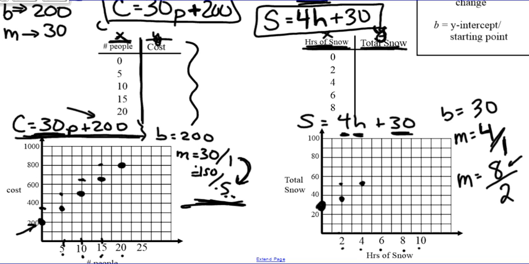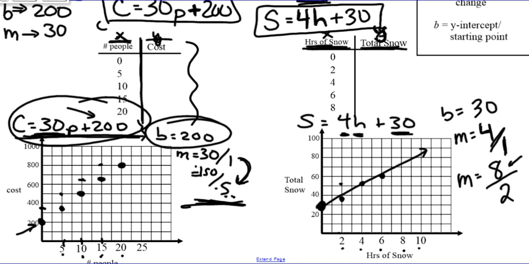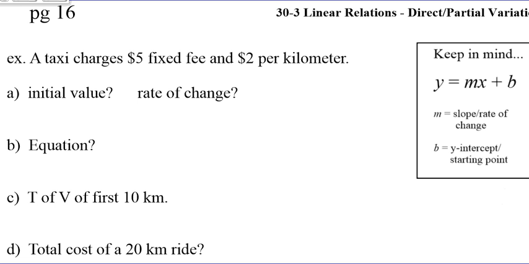Rise of 8, run of 2. There's the next point. And we end up with these points forming a linear graph, because our equations give us a B value to start with and a slope to move. So that is how these things tie together.